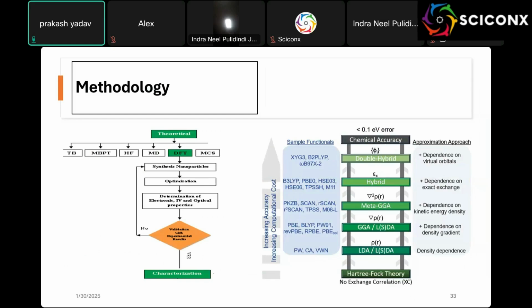Firstly, I developed my ZnS nanotubes, and after that I optimized them, and after that I determined their properties, and I validated this result with experiment. If it validates, then I go to publication. Otherwise, I resynthesize my particles.